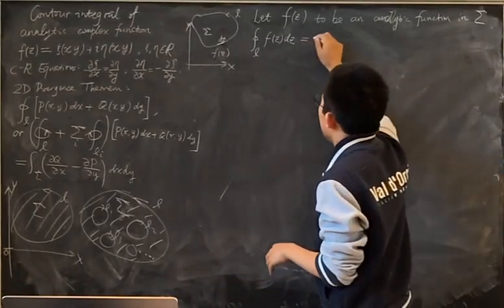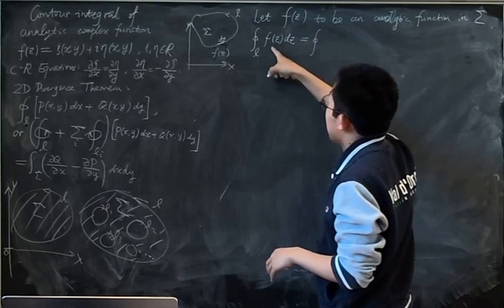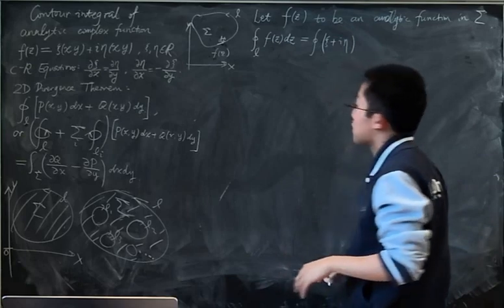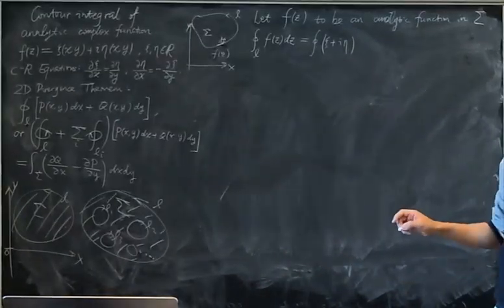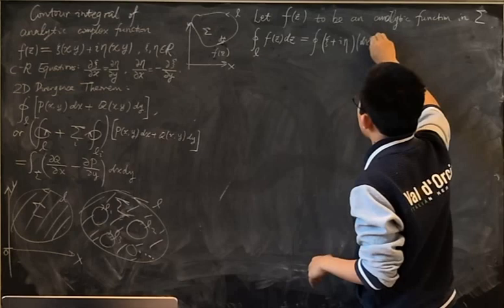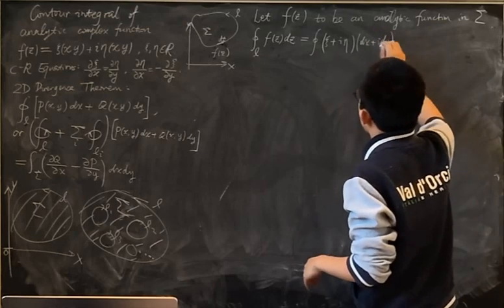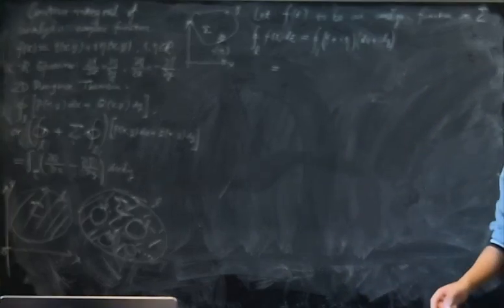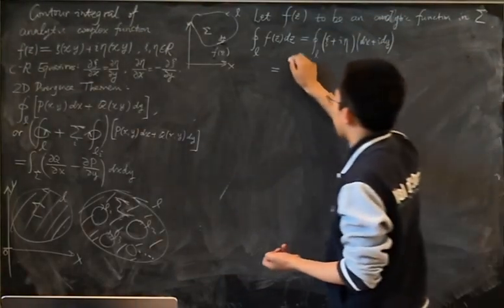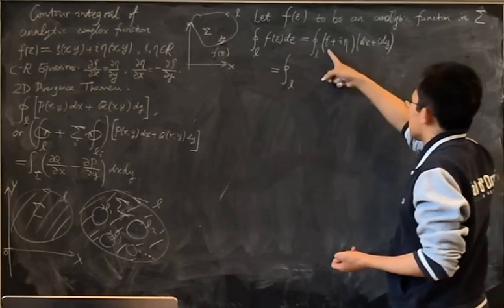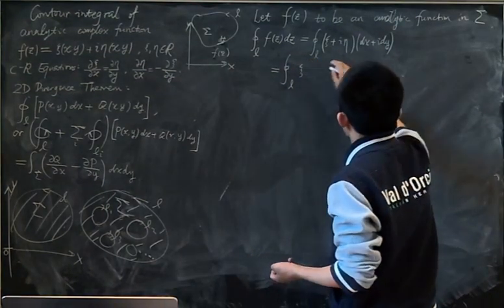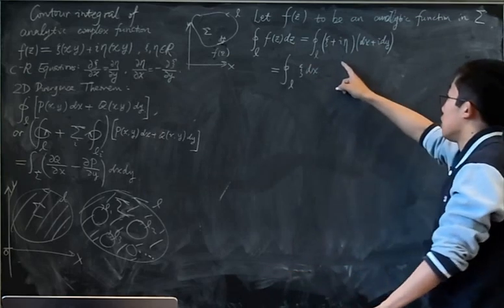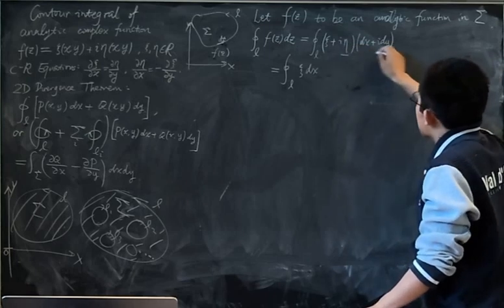Okay, so with this definition, let's see. Suppose that we can write f in terms of xi plus i eta. Further, suppose that we can write dz as dx plus i dy. Now, let's expand this. This is xi times dx, and we also have these two terms.